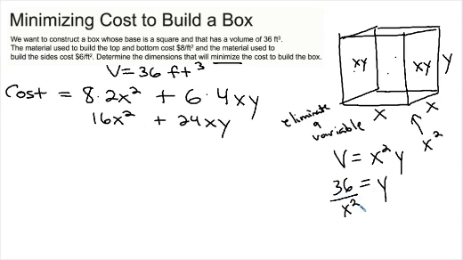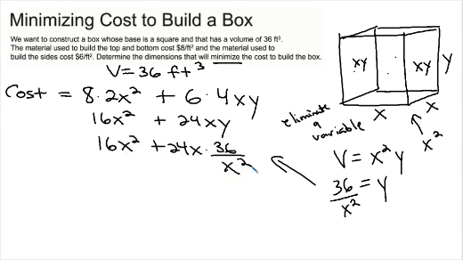So now I can bring that over here and eliminate this y, and I have 16x squared plus 24x times 36 over x squared.